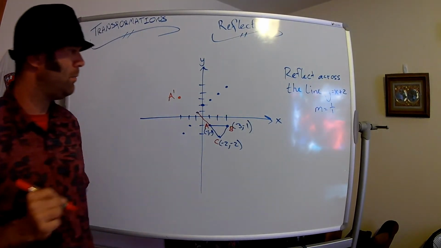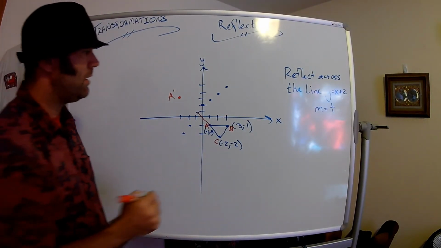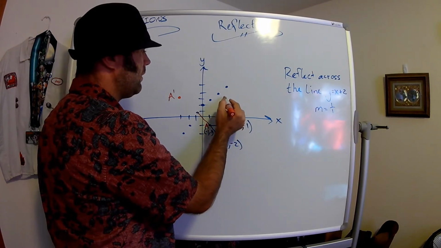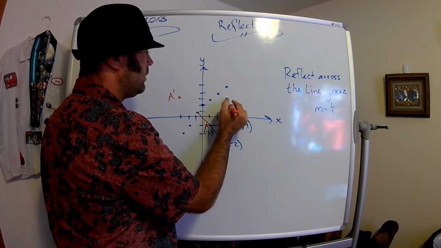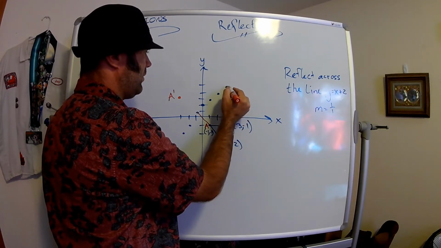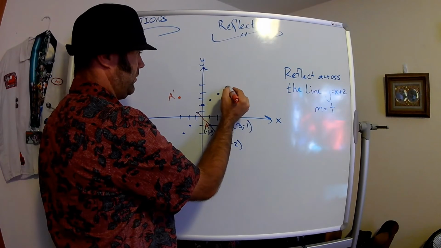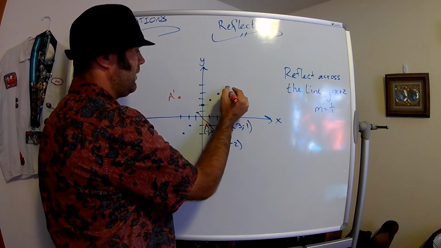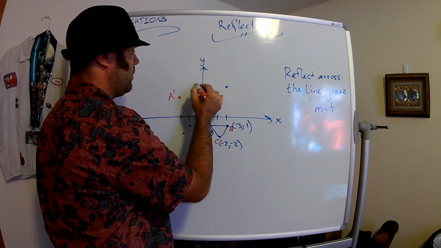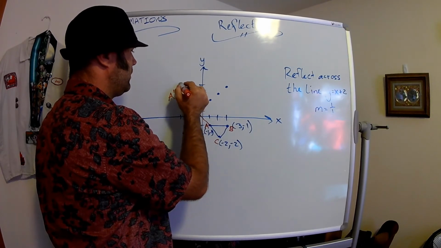So that's A prime. B, let's go ahead and do the same. So we're going up 1, 2, 3, 4, 5, 6. Up 6. So let's go ahead and go left 6. 1, 2, 3, 4, 5, 6.